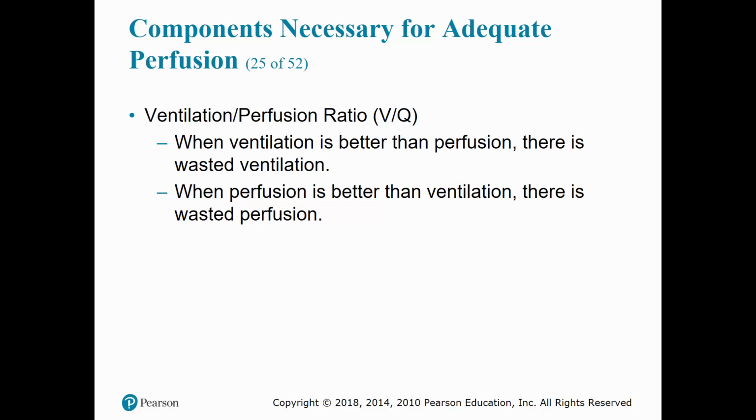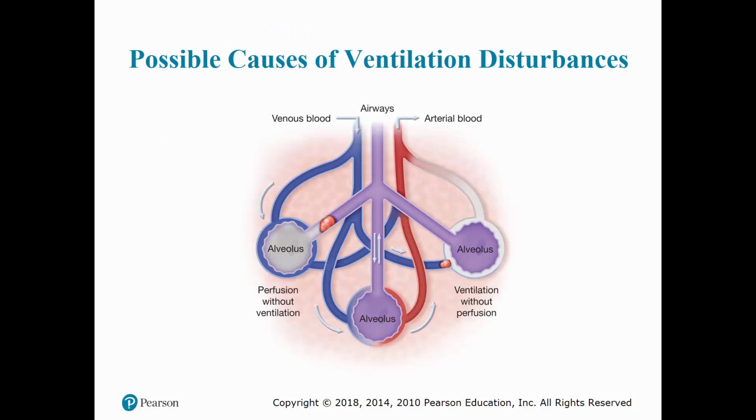In the bases, the amount of perfusion exceeds the amount of ventilation. This means there's more blood moving through the pulmonary capillaries than there is alveolar oxygen available for it to pick up, thus causing a waste in perfusion. Overall, under normal conditions, how you are breathing right now, perfusion exceeds the amount of available ventilation.